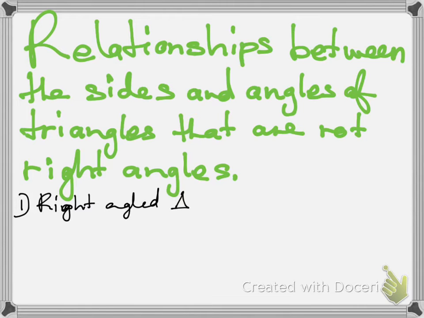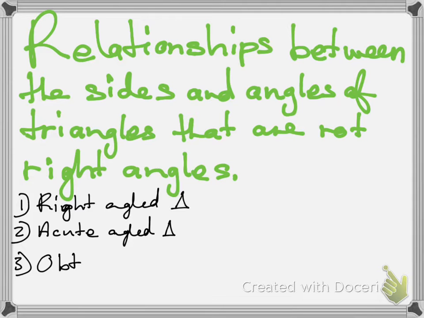And then we have number 2, an acute angled triangle, and 3, we've got obtuse angled triangles. So in our previous 2 lessons, we dealt with right angled triangles using Pythagoras to find the dimensions.